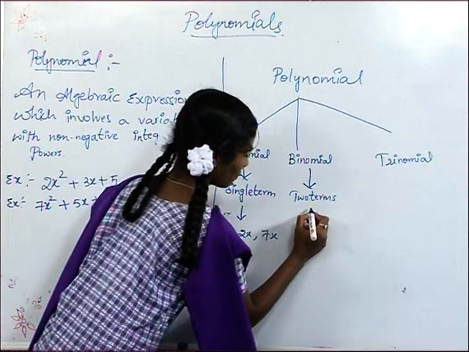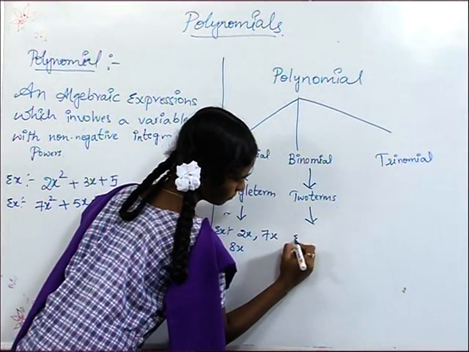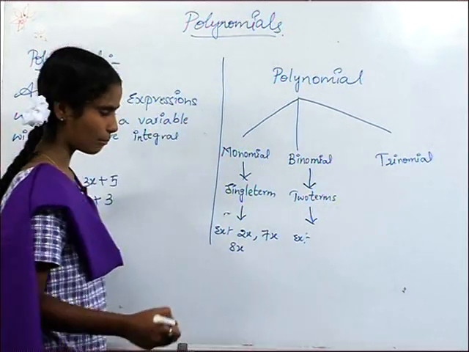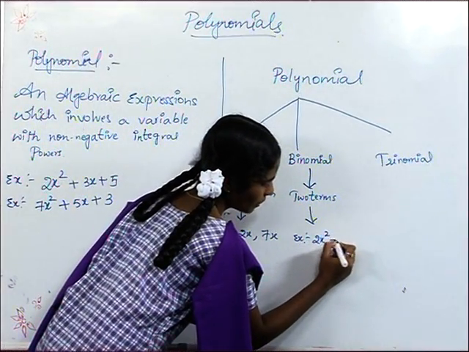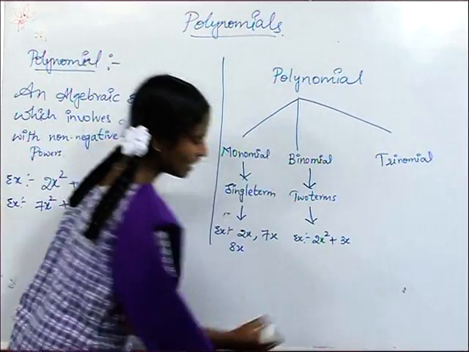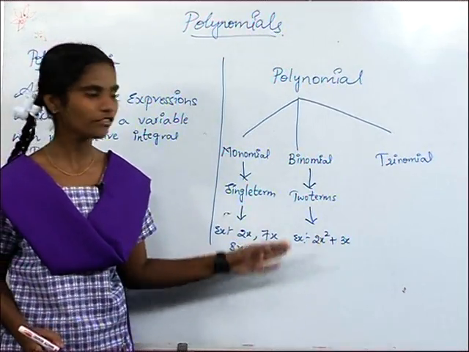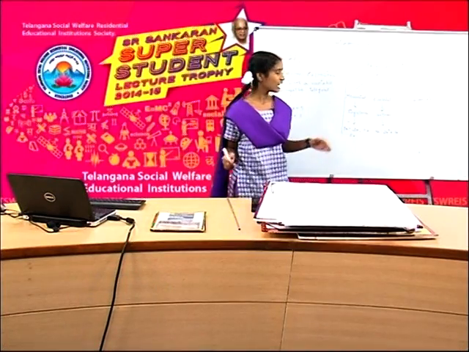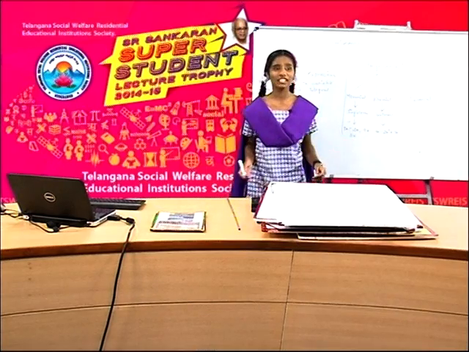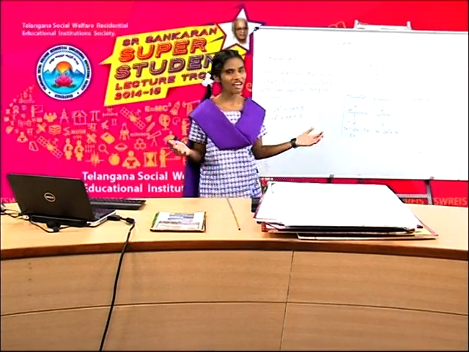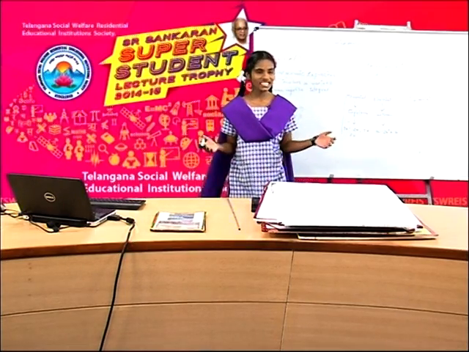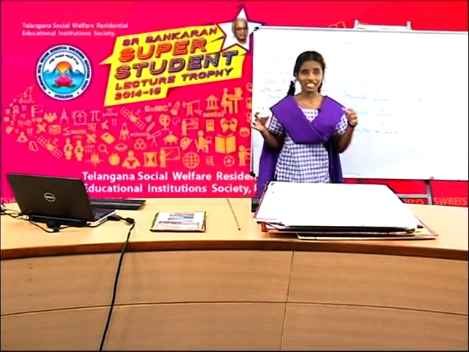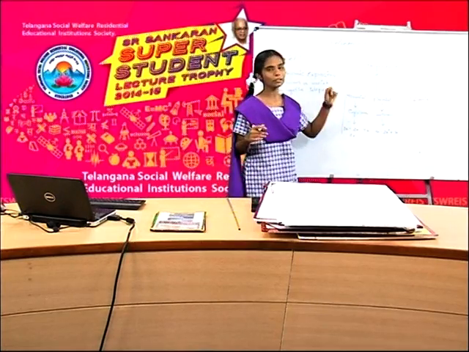For example of binomial, 2x square plus 3x. It is an example of binomial because in this example we have two terms. First term is 2x square and second term is 3x. So it is called a binomial.